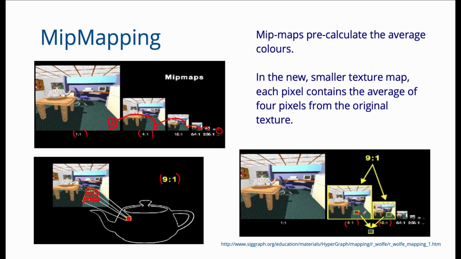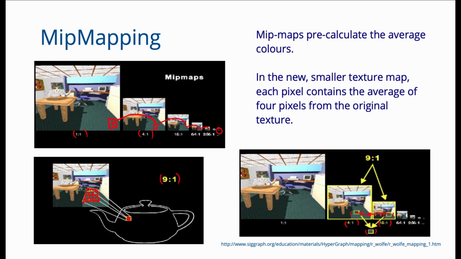Then you linearly interpolate between these two to get to the 9:1 MIP map level. So the 9:1 MIP map level, let us say, is somewhere here. You compute the color on the 4:1 texture, compute the color on the 16:1 texture, linearly interpolate them to get a color corresponding to 9:1, and then use that color for texture mapping.